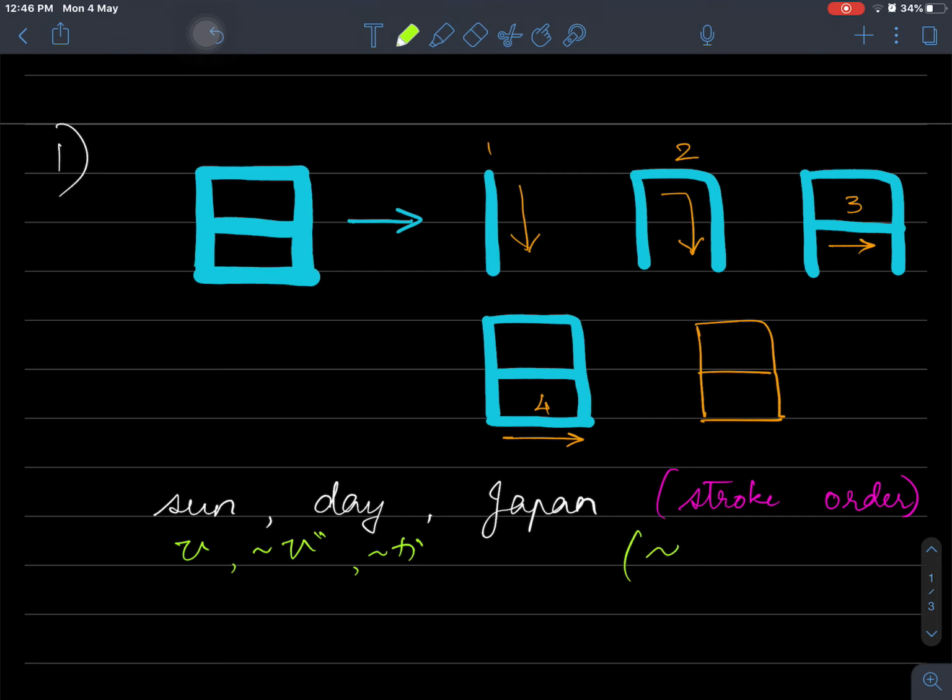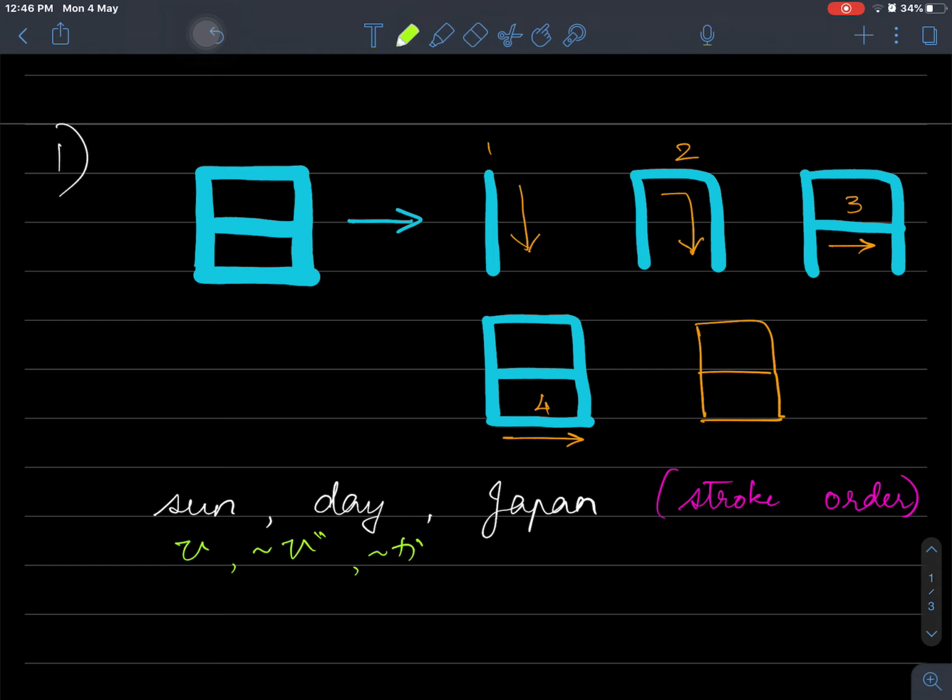The squiggle mark here means that there could be something preceding this particular character. That is, when I say squiggle mark B, it means there is going to be something before B and then it is going to be B, or there is going to be something before ka and then it is going to be ka. That's what that means. So please bear that in mind. That is what the squiggle mark means.